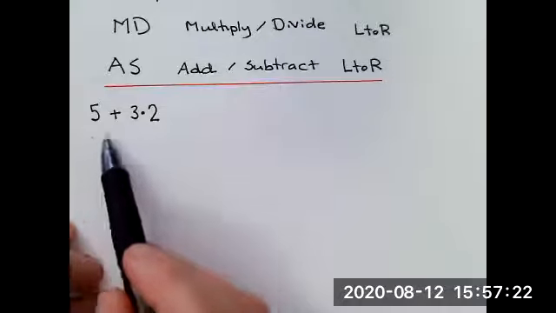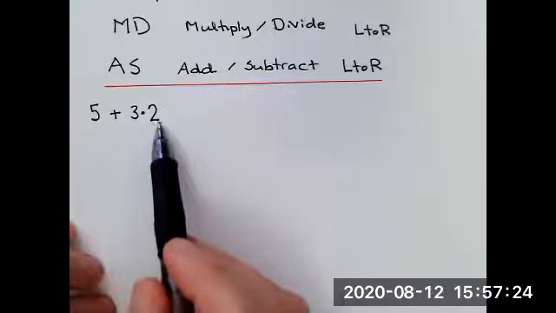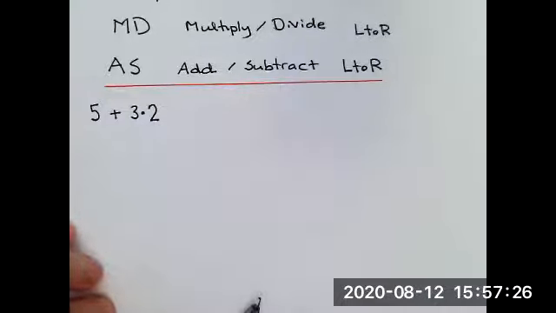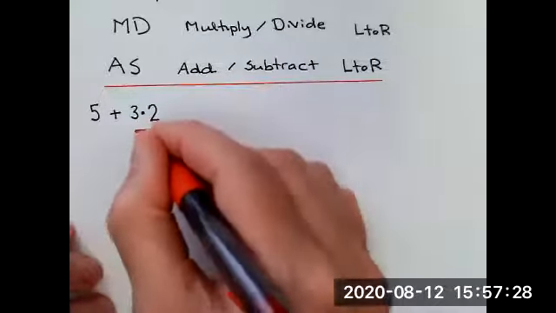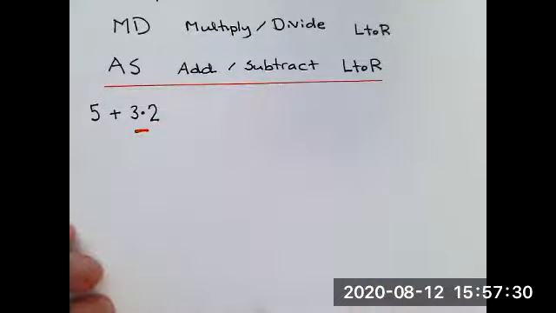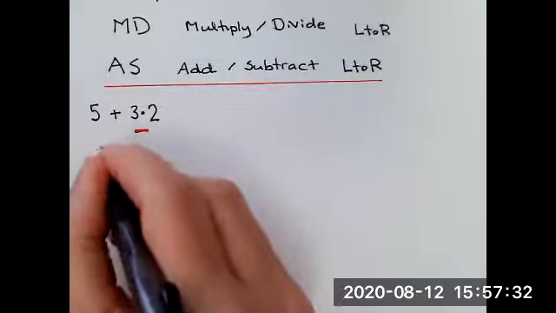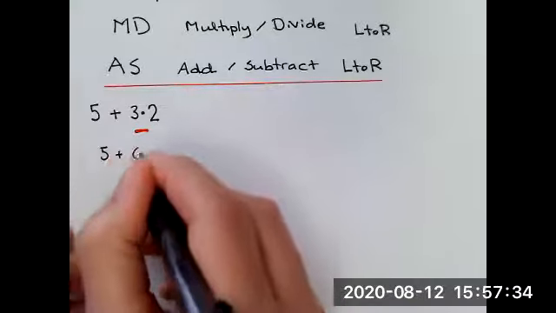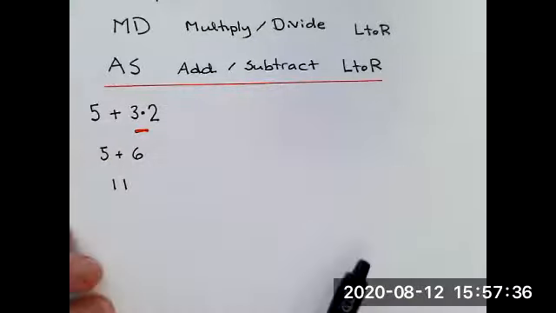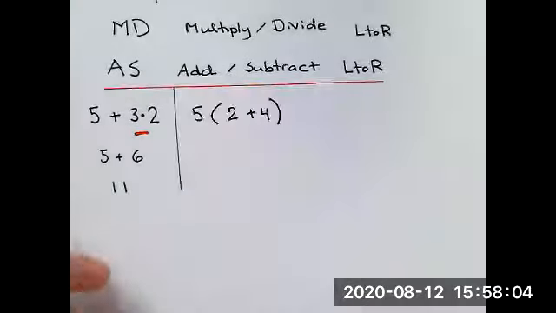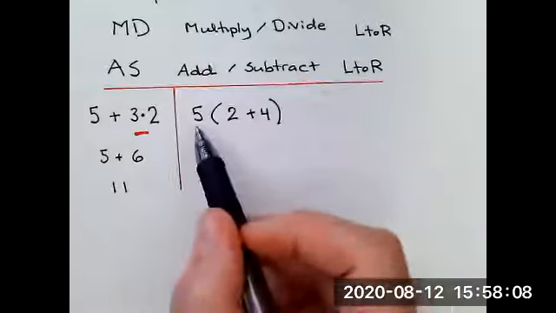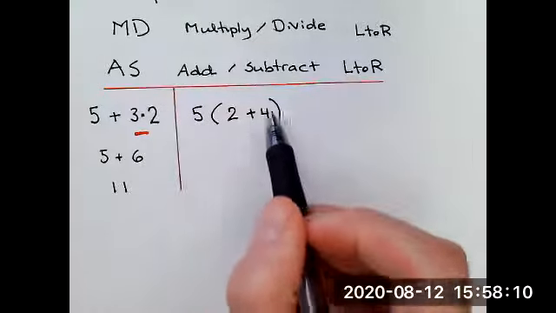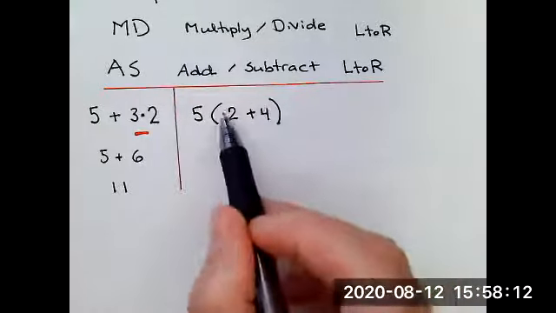If you have 5 plus 3 times 2, you do the multiplication first. So that's 5 plus 6, which is 11. Here we have 5 next to a parentheses with an operation inside.